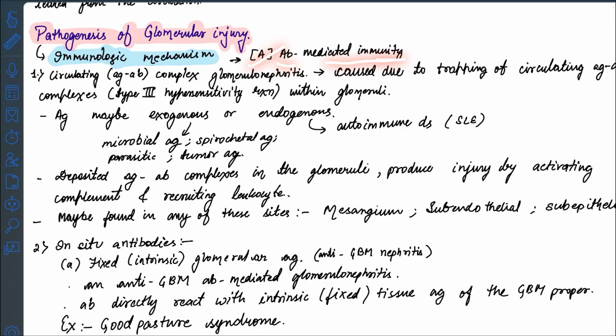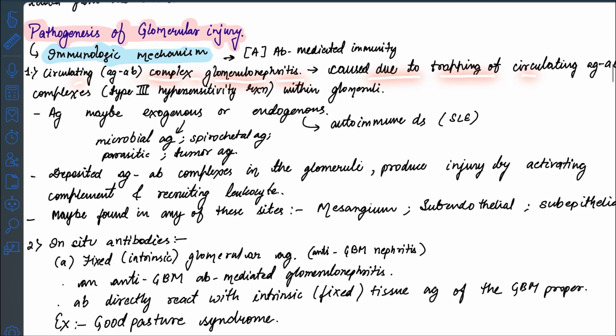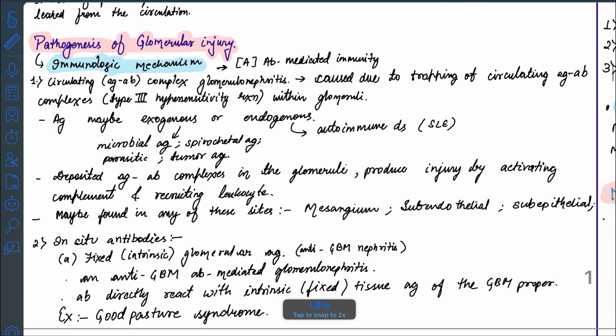In the immunologic mechanism, first comes antibody mediated immunity. So antibody mediated immunity: one of the reasons it can be circulating antigen antibody complex glomerulonephritis. It is caused due to trapping of circulating antigen and antibody complex within the glomeruli.